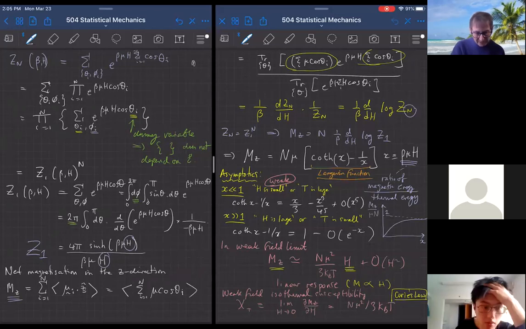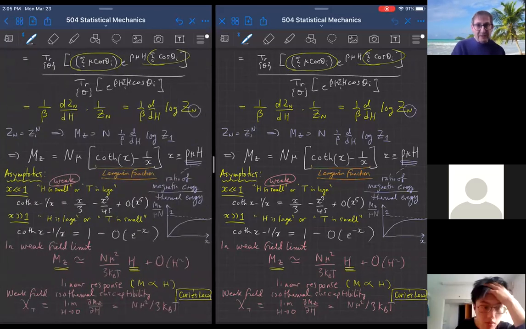Then we computed the magnetization in the z direction by simply taking the expectation value of the magnetic moment in the z direction. That gave us the formula at the top of the screen, which we evaluated by our usual trick of differentiation, a derivative of the free energy with respect to the external magnetic field H. That gave us a rather complicated function with hyperbolic cotangents, known as the Langevin function.